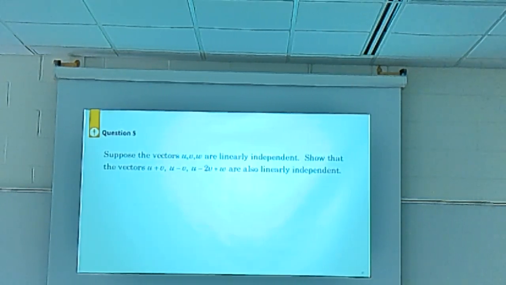Suppose that u, v, and w are linearly independent. We're going to show that u plus v, u minus v, and u minus 2v plus w are also linearly independent.